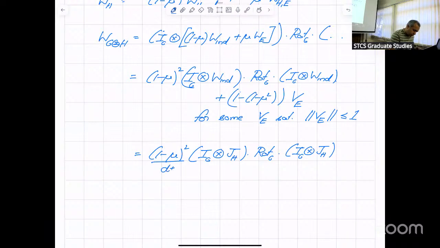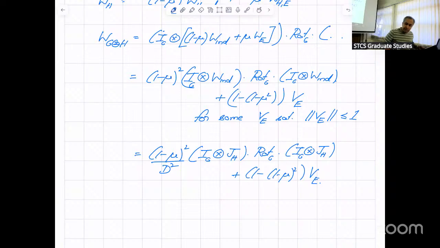What do I need to scale by? I need to scale by D square. It is all ones, I have to make it as this one, plus an error term. Now, what's this matrix look like?